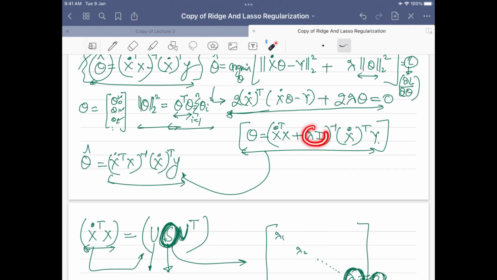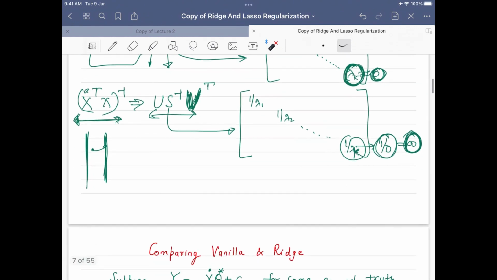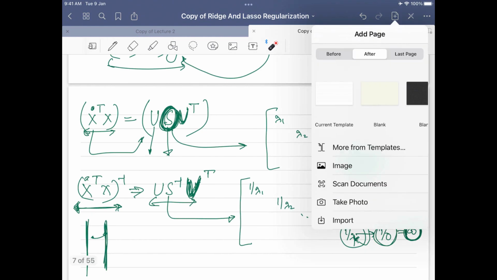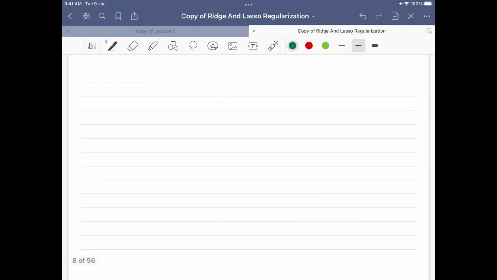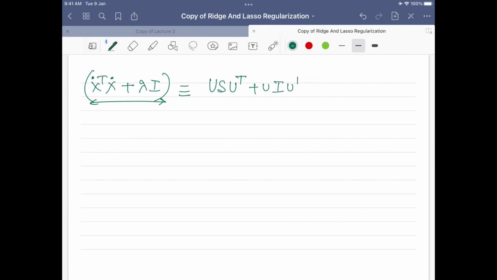So now your modified matrix is X transpose X plus lambda I. If you do the eigenvalue decomposition of this, it is U S U transpose plus U lambda I U transpose. So what you can do is take U, S plus lambda I, U transpose.